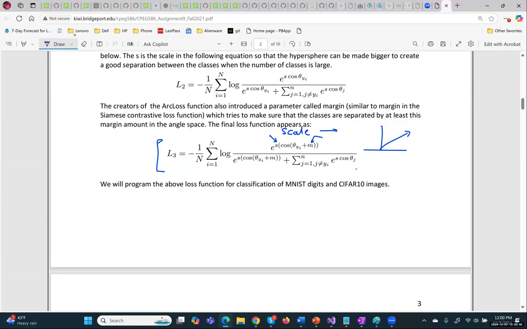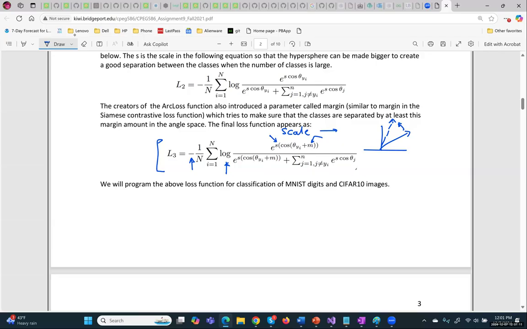Plus m, we are saying, okay, move it further. Not only what we learned, but we are pushing it even further over here, farther away. And where's this minus coming from? Cross entropy. Where's this log coming from?